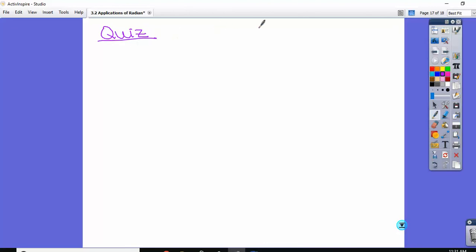All right, so we will start with section 3.1. And we did basic conversions there. So I might say like convert 17 degrees, 25 minutes to radians.